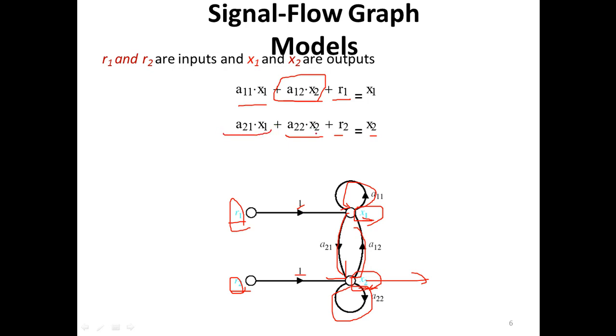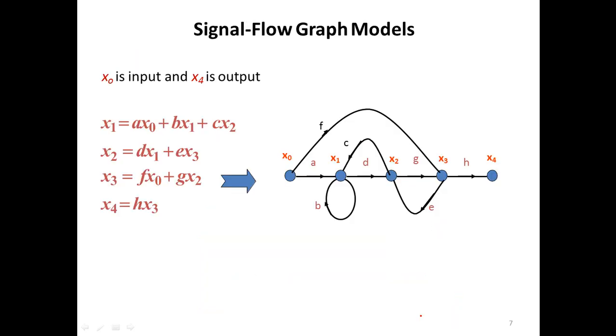So total X2 will be this and total X1 will be this. This is again a very cool representation of a mathematical equation in terms of a signal flow graph.